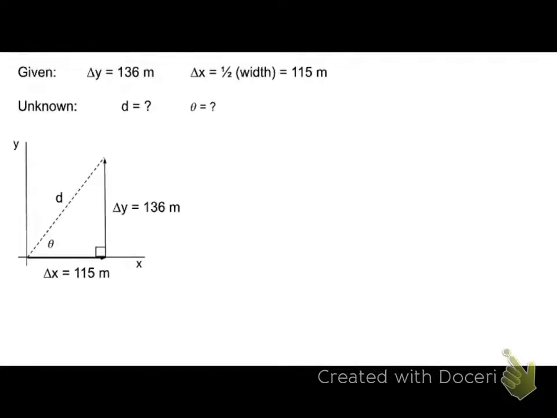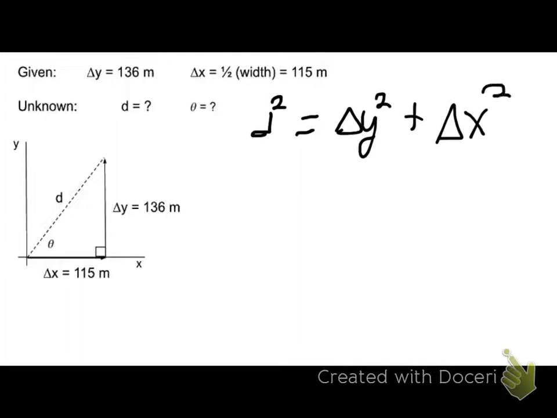So, back up. What should our equations look like? We're going to wind up with equations of the displacement squared is going to equal delta y squared plus delta x squared.